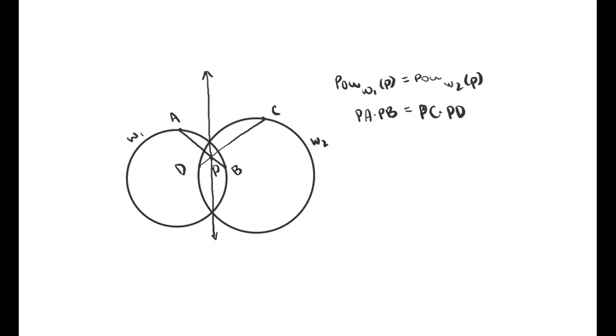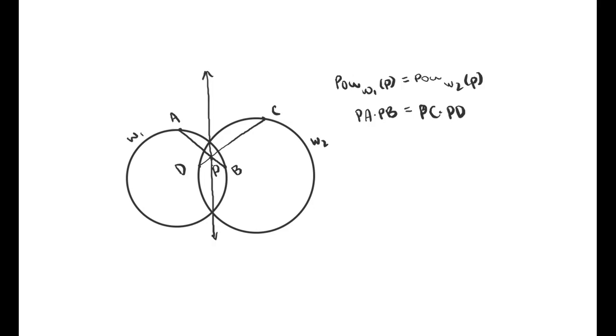And now we want to show that if A, B, C, D lie on a circle, then AB and CD intersect on the radical axis of the 2 circles. Okay, so to do this, again, we'll let P be where AB and CD intersect.